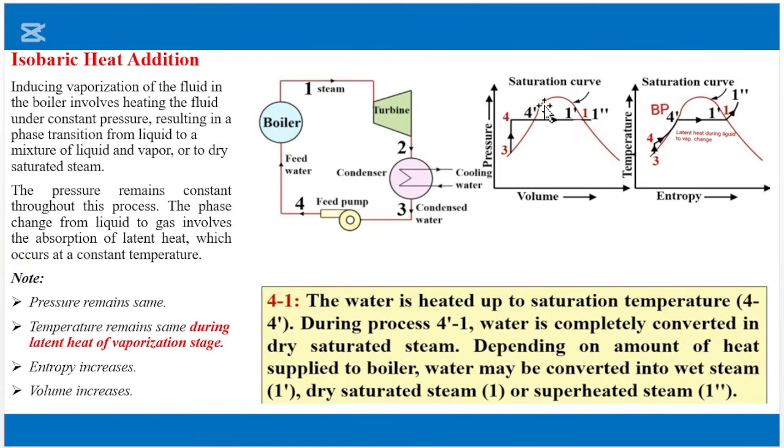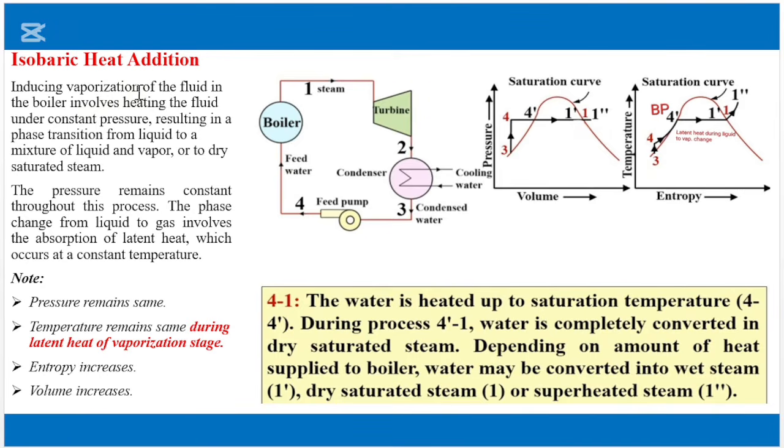Remember what I have mentioned already, inside this bell-shaped curve is a mixture of liquid and vapor. That is why 1 dash is wet steam, 1 is dry steam, and 1 double dash is superheated steam. So this is what is going to happen here.